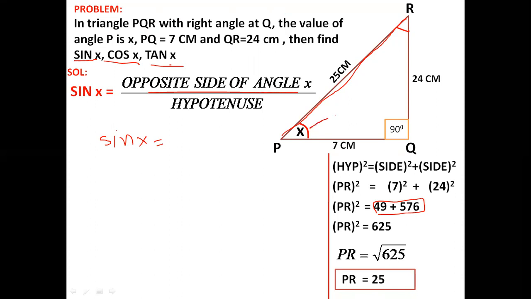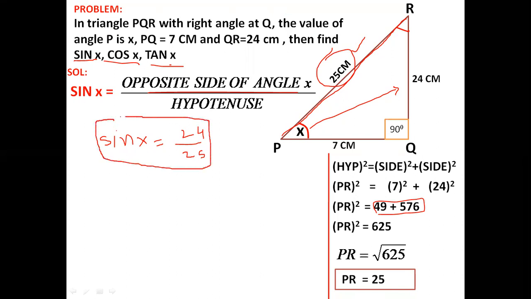It is 24. What is the hypotenuse? PR, which is opposite to 90 degrees, and its length is 25. So sin x is equal to 24 by 25.